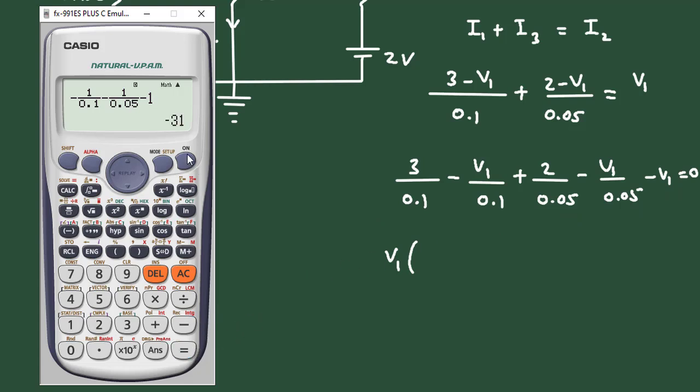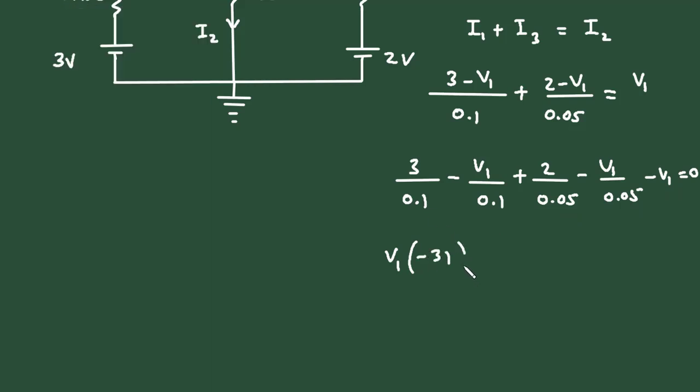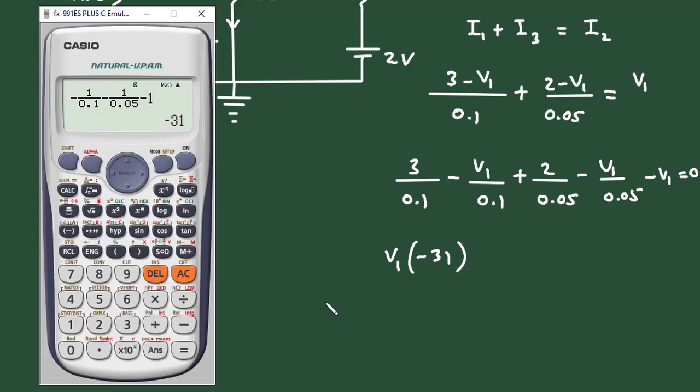So let's solve this. It is minus 31. Then this will be 3 divided by 0.1 plus 2 divided by 0.05, which is equal to 70.